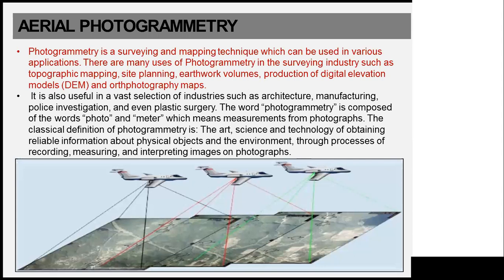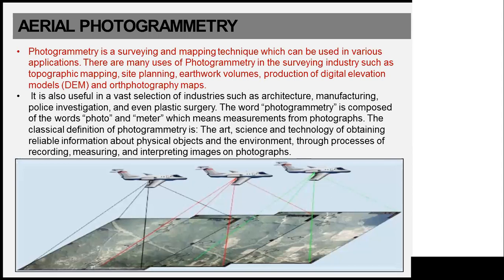Okay, but if certain things are changed that are not reflected in Google Maps, for that purpose we need this special type of photography, that is aerial photogrammetry, right? So high resolution photos are taken. Now in this image you can see that there are three images which are combined together to give the topography of that particular area.